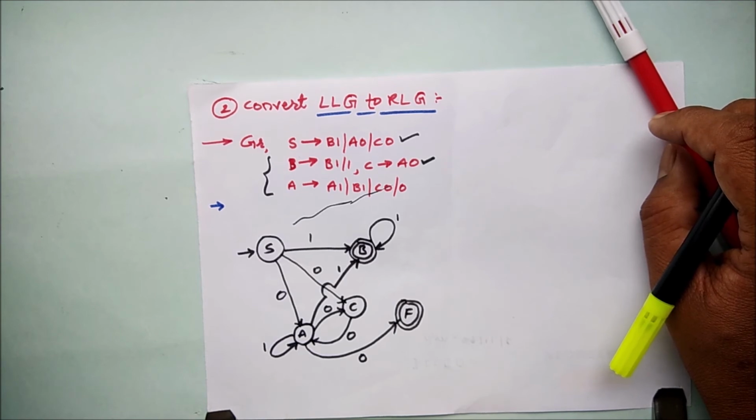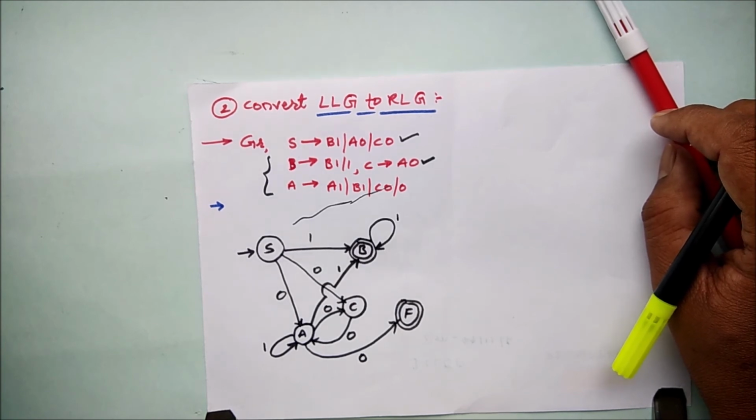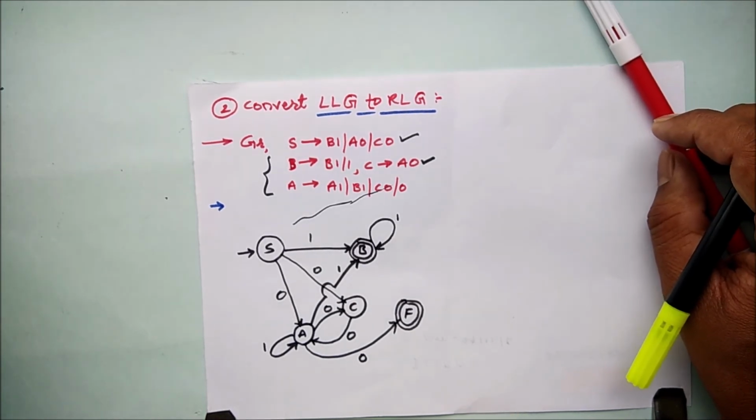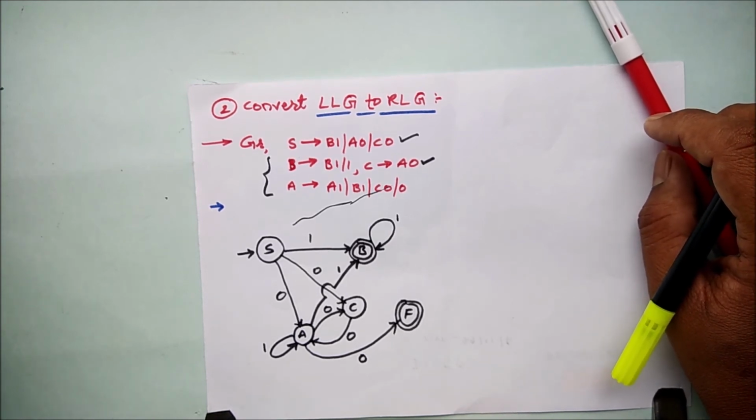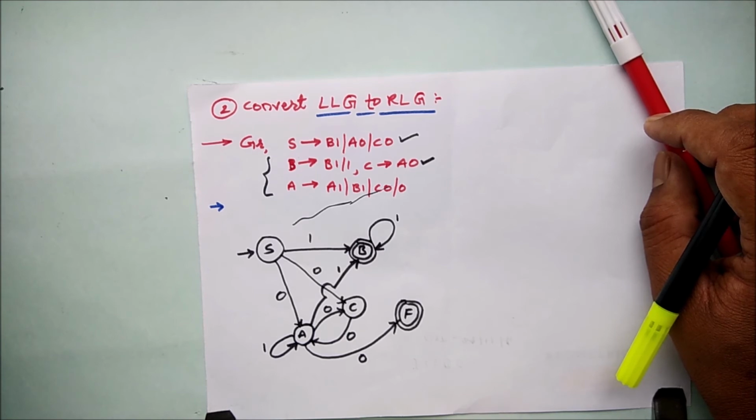So we have to put all the termination symbols on a separate state, my dear friends, and that will be our final state. That's a very important statement here: we cannot have multiple final states in a single finite automata while converting LLG to FA. So what we have to do is transit all the termination symbols to one state, and that will be our final state.